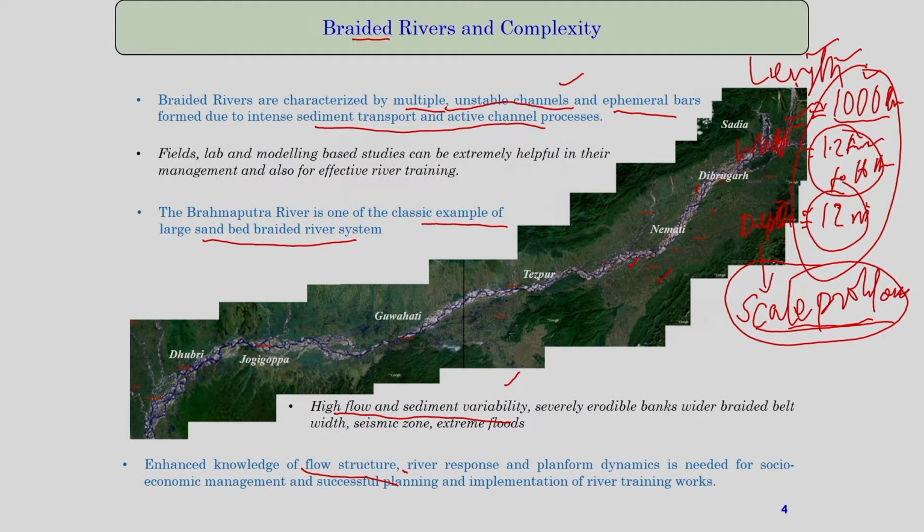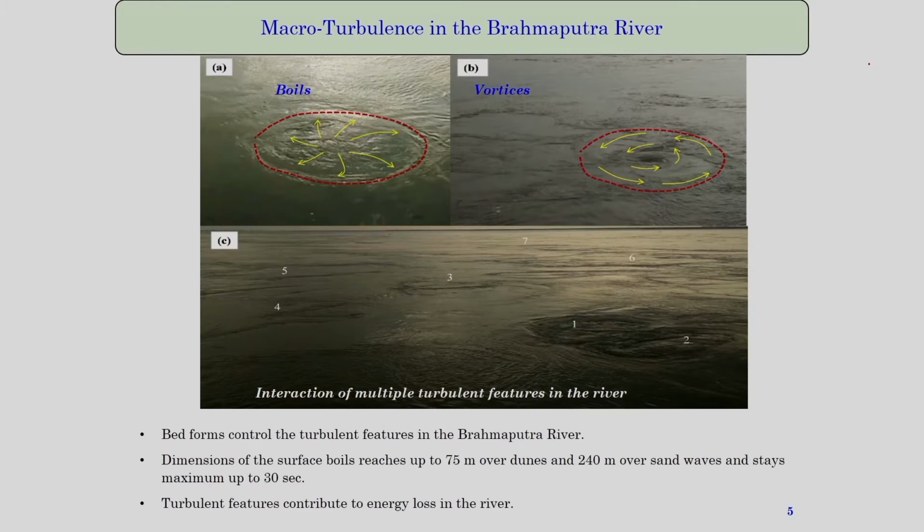That's the biggest issue. Now if you look at another bigger issue, if you take photographs of the Brahmaputra river during flood periods, you can see turbulent structures, for example this type of vortex formation. You can see large vortex formations happening.